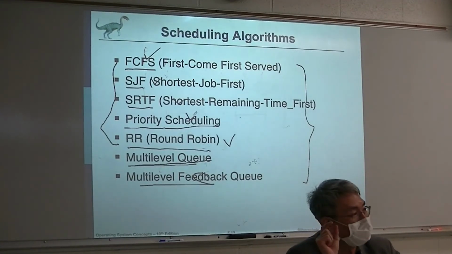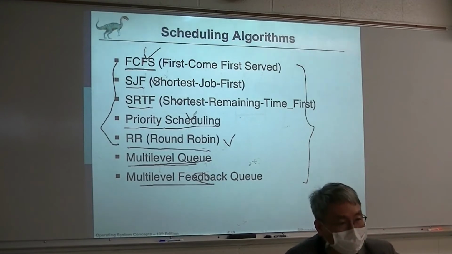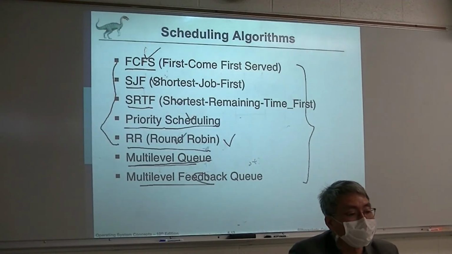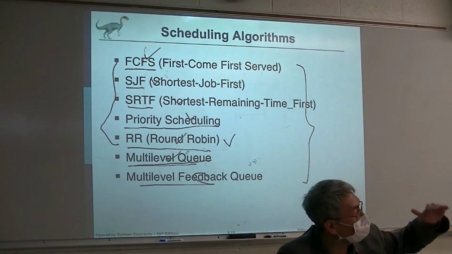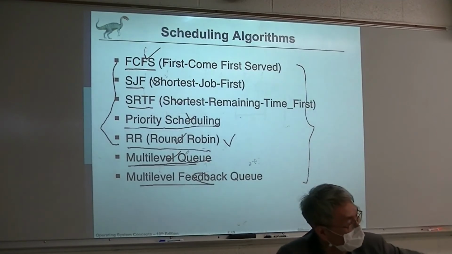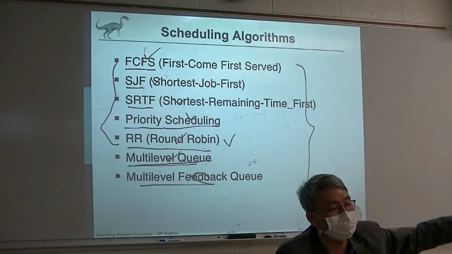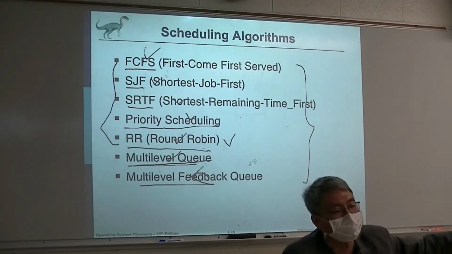Because then you mess up the scheduling algorithm, but you will not mess up your operating system, even though you change it. And round robin, they all have the same priority. And multi-level queue, each level is a priority queue: the lowest priority queue and the highest priority queue, and these are different types of queues.